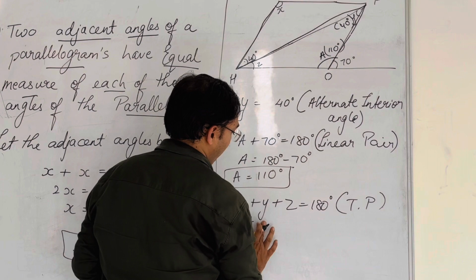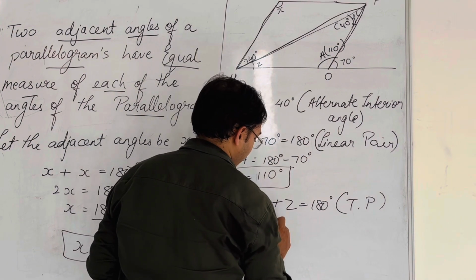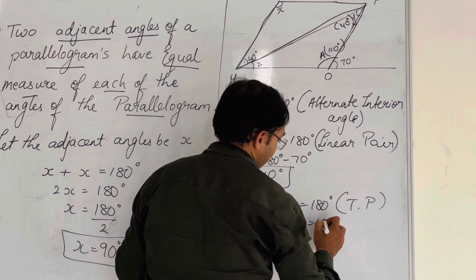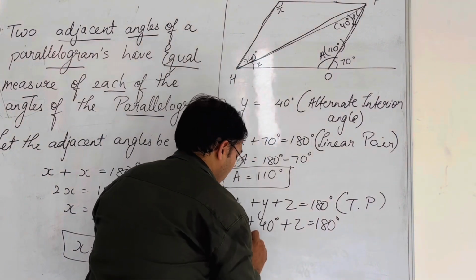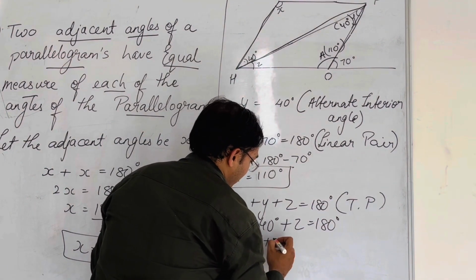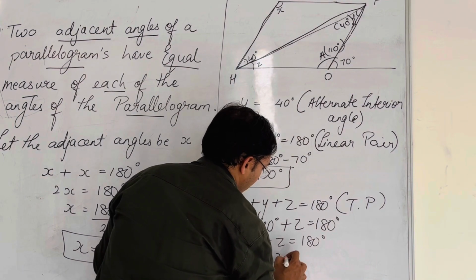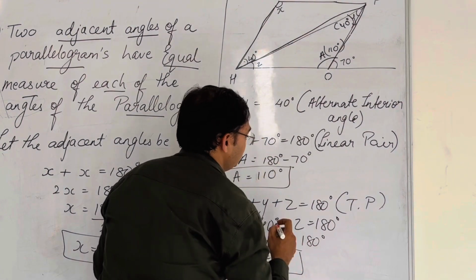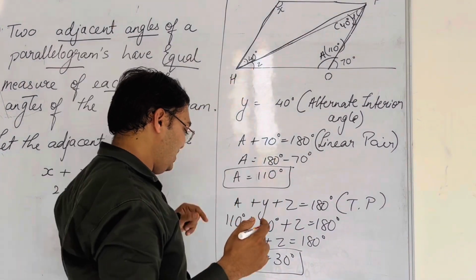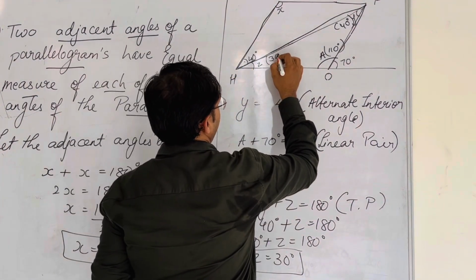A is 110, y we already found is 40 degrees, plus z which we have to find, equals 180 degrees. So 150 degrees plus z equals 180 degrees. So z equals 30 degrees. It was so simple to find z also. This is my 30 degrees.